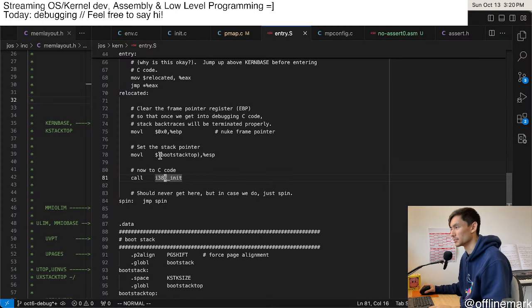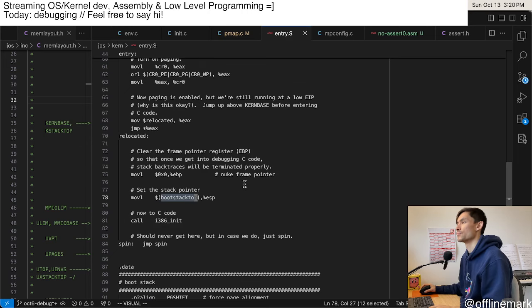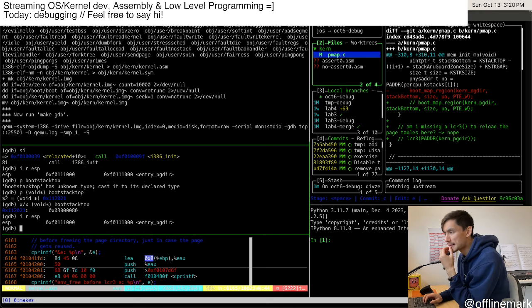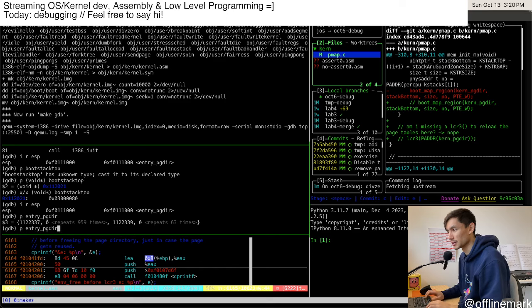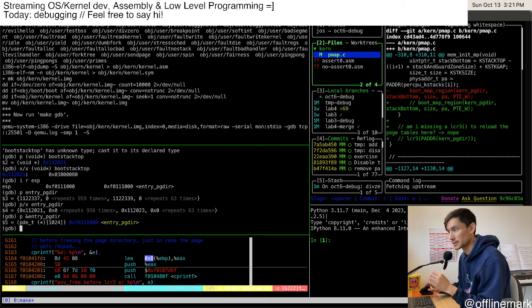I think this is just a normal variable use of this symbol. But also, why is it saying entry to page dir? Maybe I need to print the address. Something is super strange. I'm not understanding this.